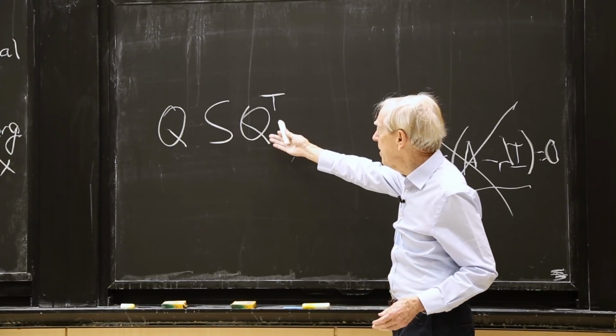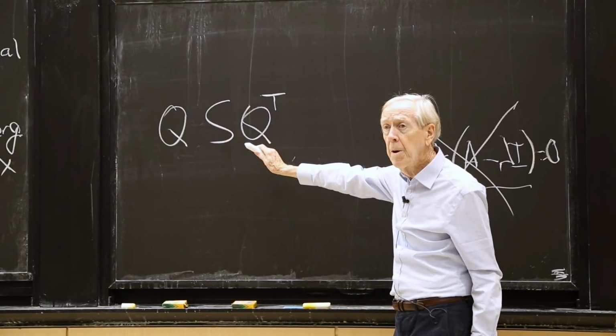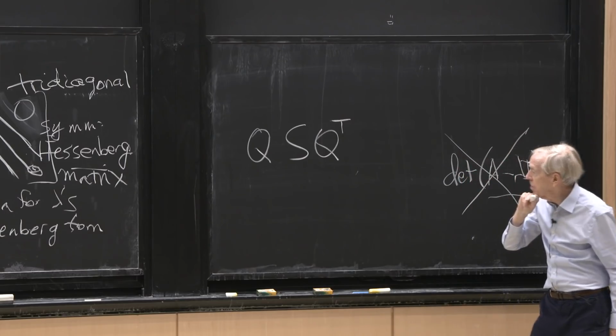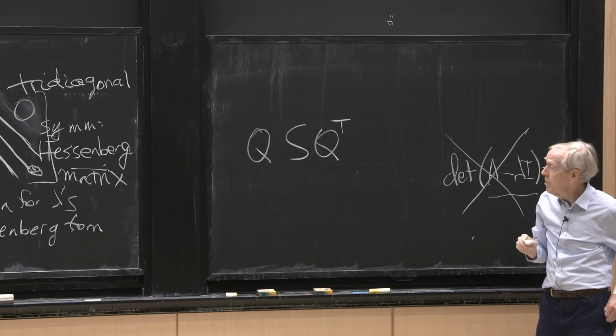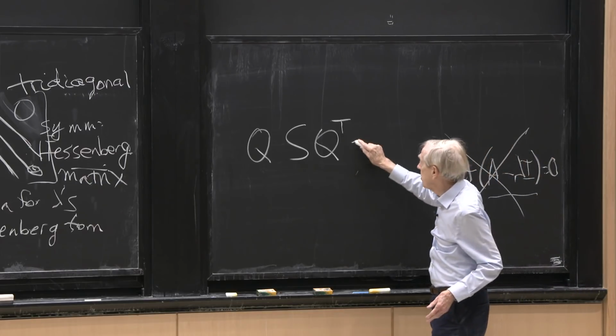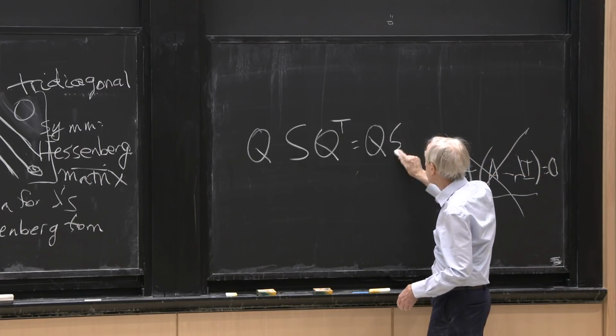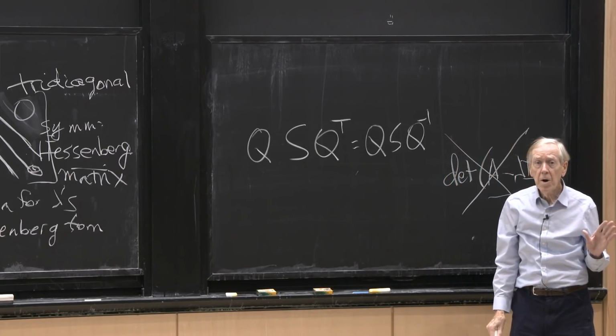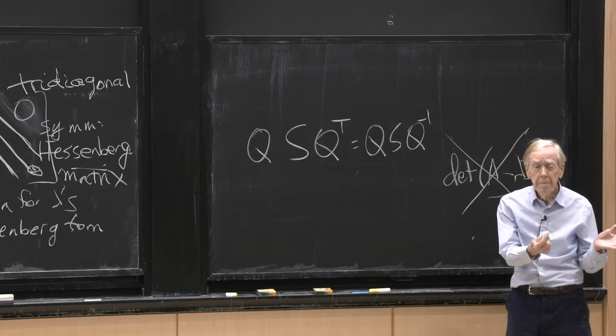And what do I know about the eigenvalues of that matrix? Q is orthogonal always. So this is the same as Q S Q inverse, and therefore the eigenvalues are the same.